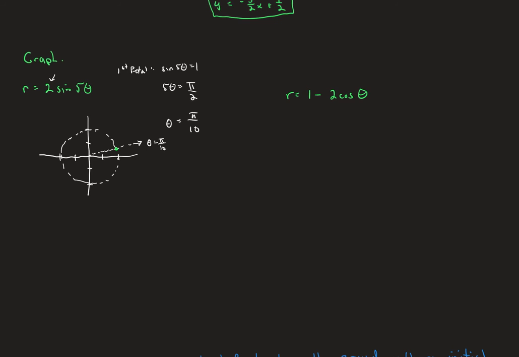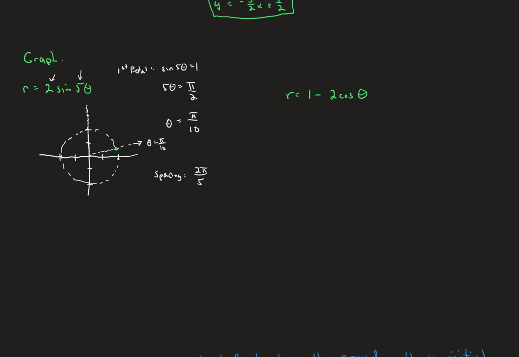Then our spacing between petals is going to be 2 pi divided by the number of petals. Since our n is odd, that is the number of petals. If it had been even, we would have had 2n petals. So our petals are going to be 2 pi over 5 apart. That's 4/10. So our next petal is pi over 10 plus 4/10, which is 5/10.